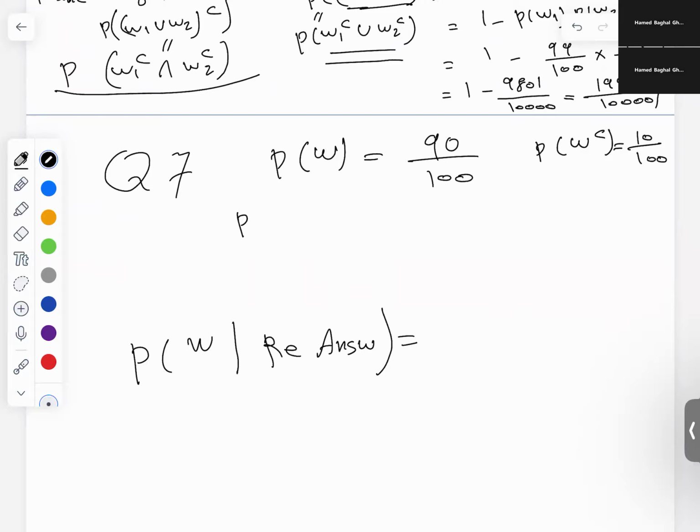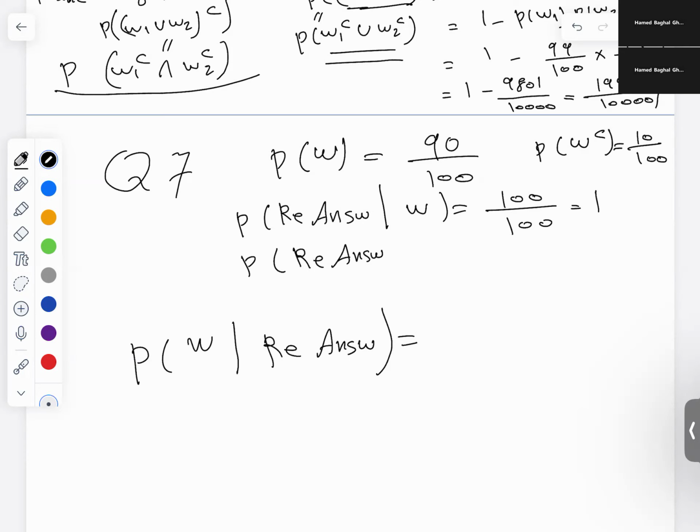Probability that it returns the answer when it works is 100%. Probability that it returns the answer when it's not working is just 20%. It's just by chance.